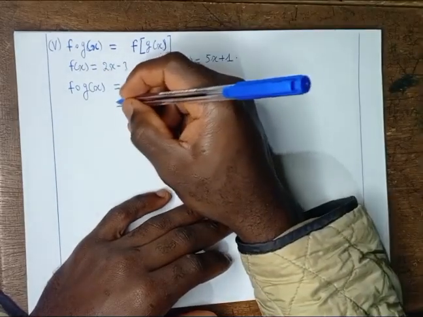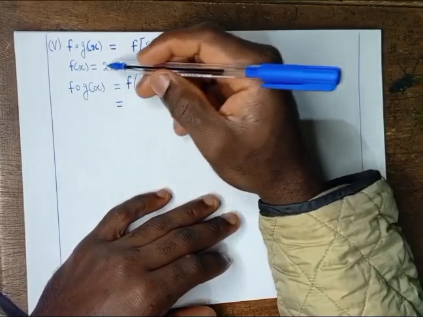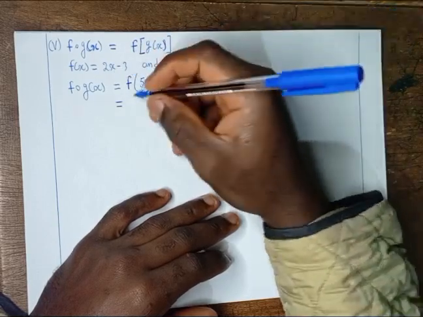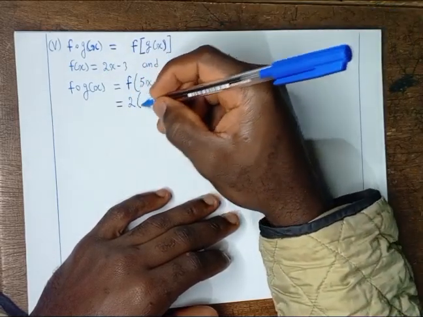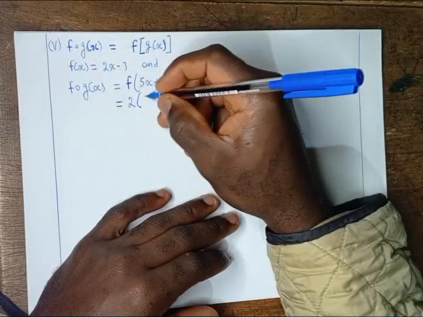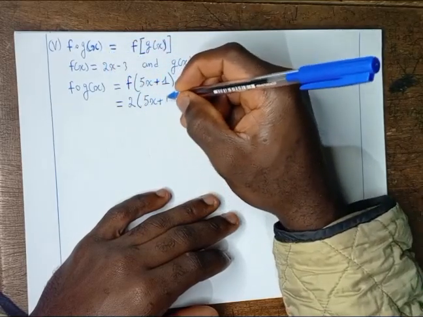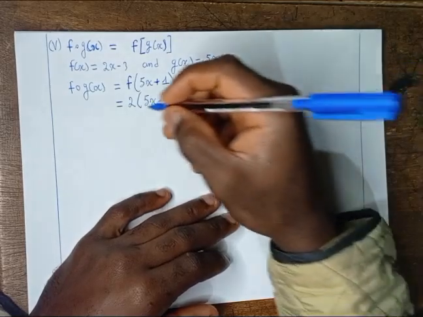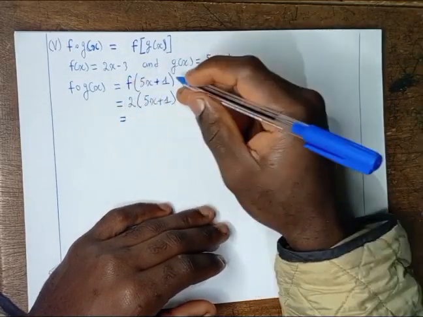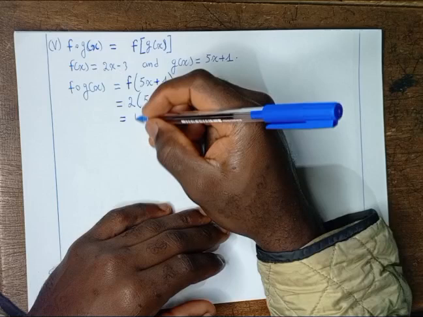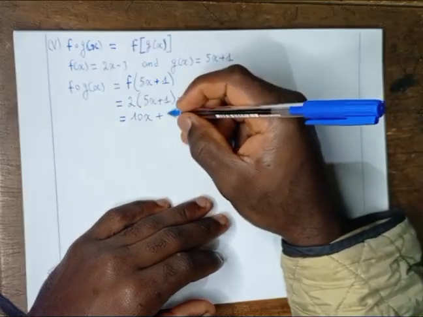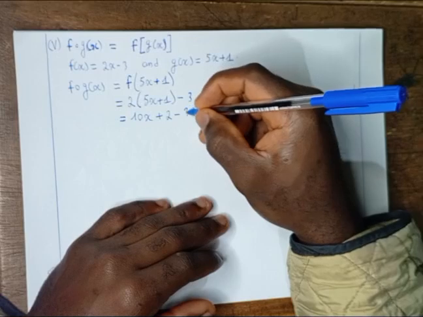So in the function f of x, anywhere I see x, I'll replace x with 5x plus 1. This will give us 2 times 5x plus 1, minus 3. Next, I will expand the bracket. This will give us 2 times 5x, which is 10x, plus 2 times 1, which is 2, minus 3.